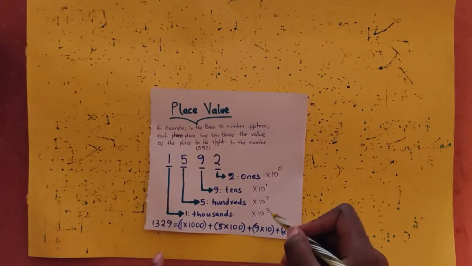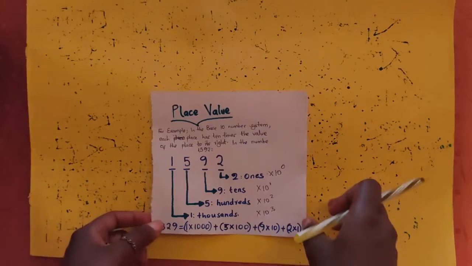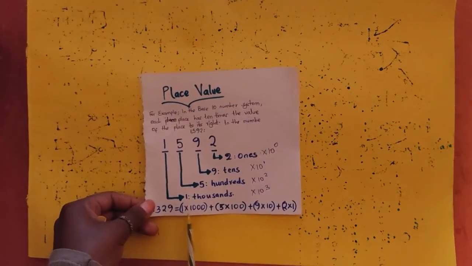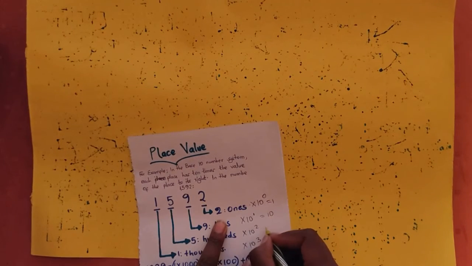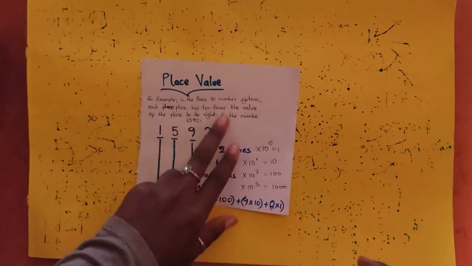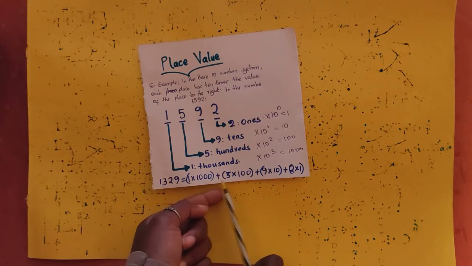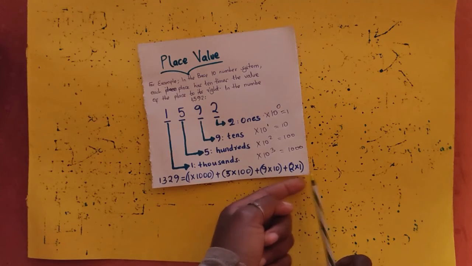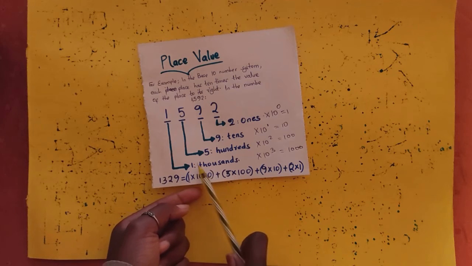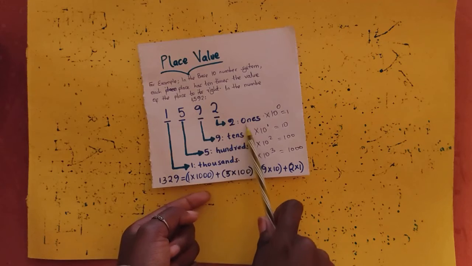And that's exactly the same thing we will be doing for octal, binary, and other numbers. When you multiply this way, 10 to the power 0 is 1, 10 to the power 1 is 10, 10 to the power 2 is 100, 10 to the power 3 is 1000. Now, when we add 1 times 1000, 5 times 100, 9 times 10, and 2 times 1, we get this value, and we call it 1592.